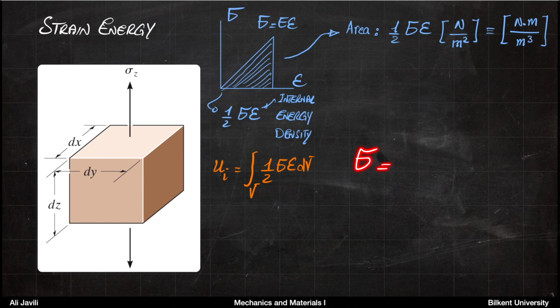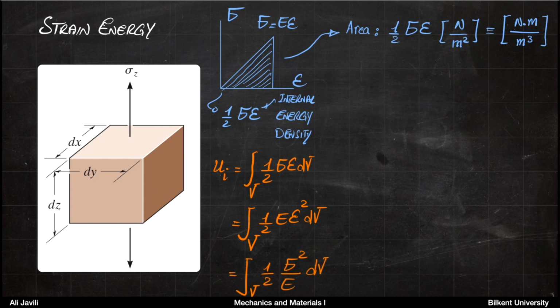Now, if you remember sigma equals E epsilon, so using this relation, you can also express this as 1/2 of E epsilon squared and 1/2 of sigma squared over E, integral of them over the volume. All right, so this is our strain energy for a simple case like this.